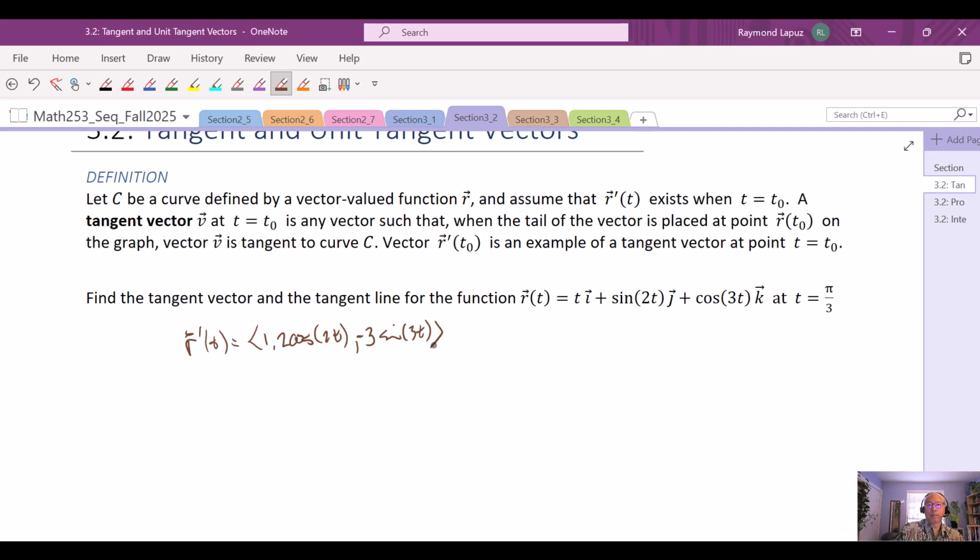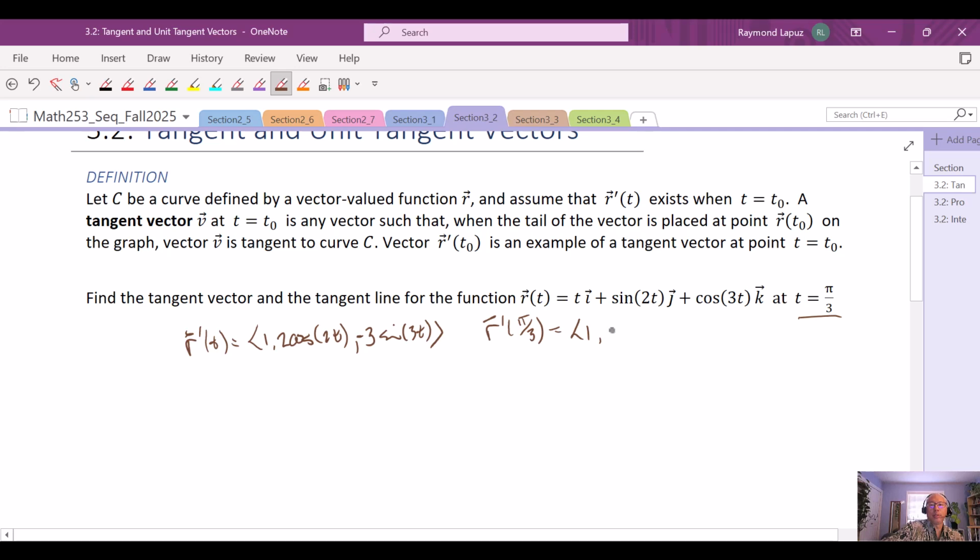If we take a look at this at a specific point, then we should get the derivative there. So r prime of pi over 3 is equal to, well, let's put pi over 3 in here. There's no t for the first component.